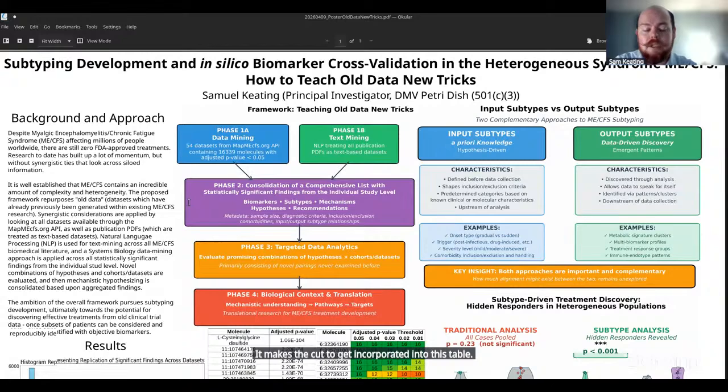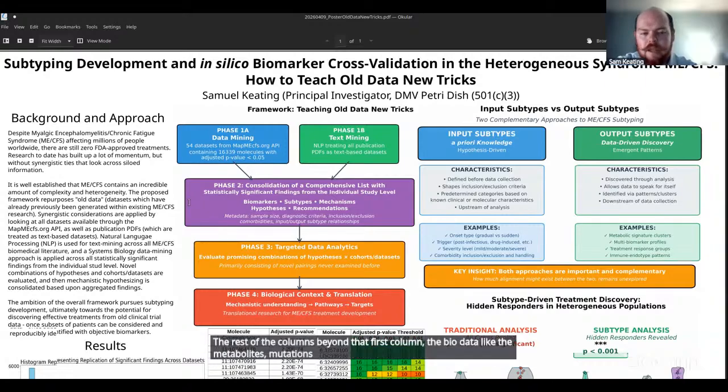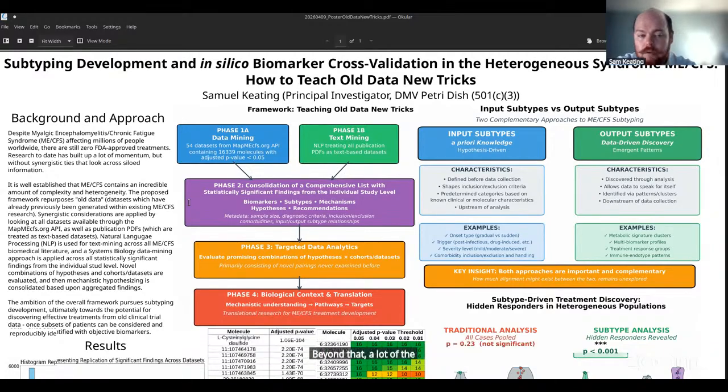The rest of the columns beyond that first column, the biodata, like the metabolites, mutations, the stuff that biomedical studies usually emphasize as the data. Beyond that, a lot of the metadata is crucial. And from helping to host hackathons and data science challenges, I've learned it's not the biodata that empowers or makes or breaks you.